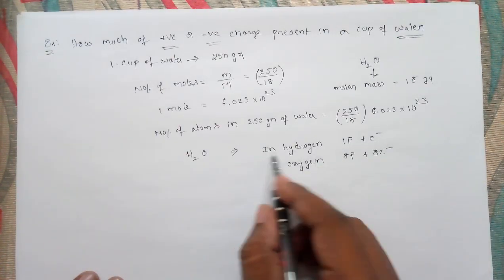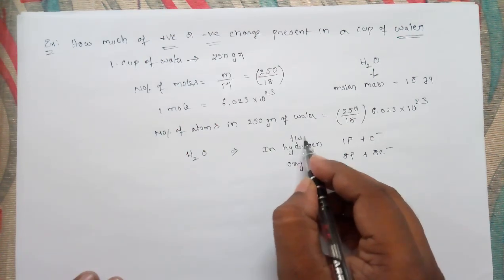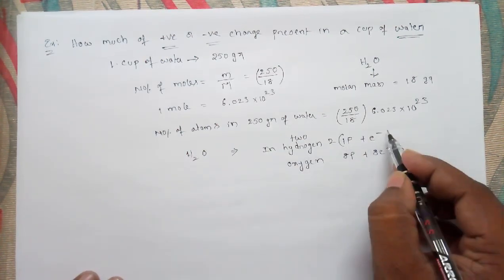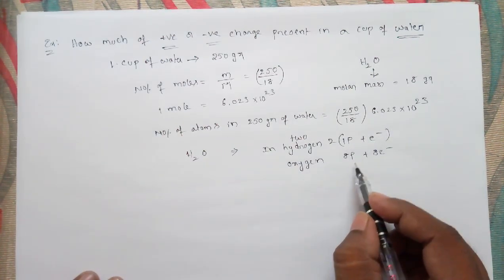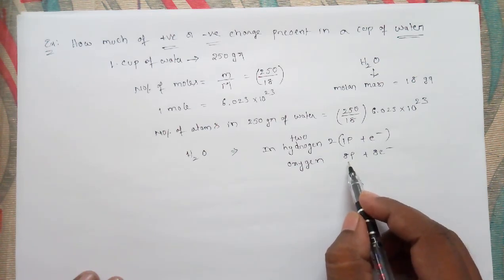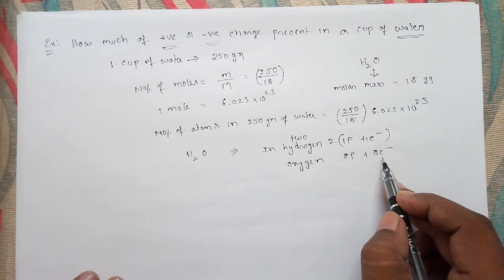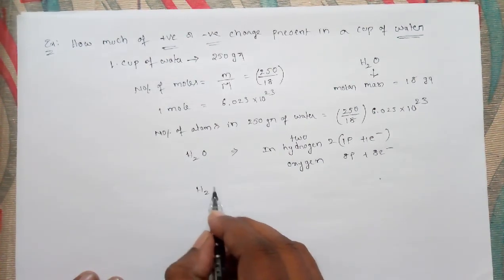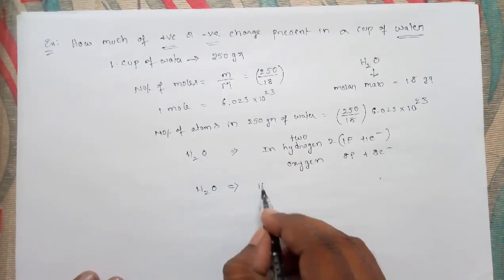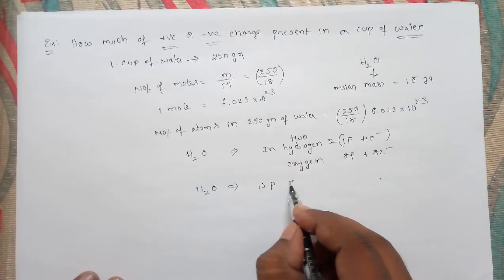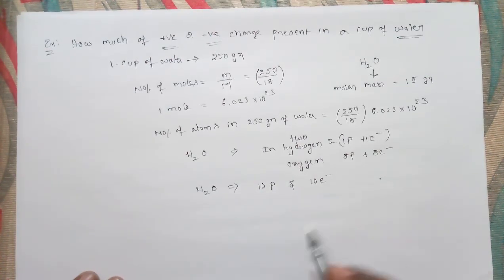So here two hydrogens are there, which means 2 protons plus 8 protons. Or else we can take 2 electrons plus 8 electrons. So in H2O we have 10 protons as well as 10 electrons.